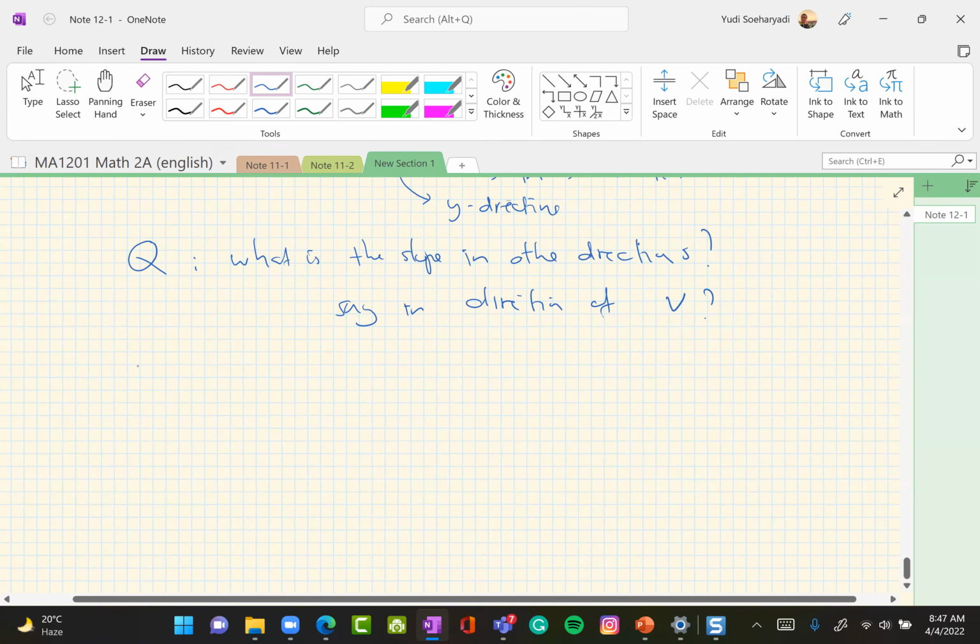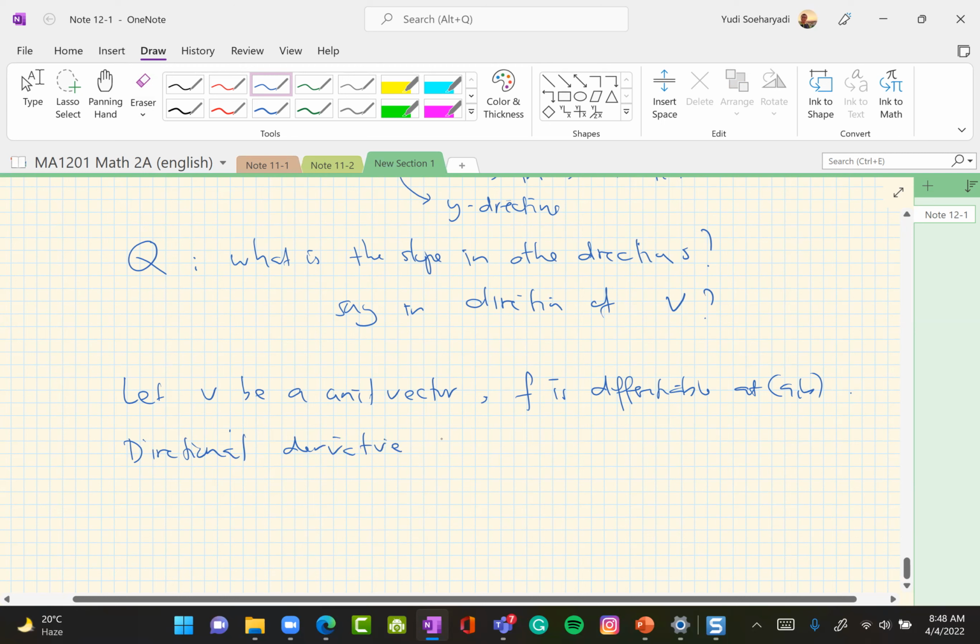Okay, so let v be a unit vector. So the directional derivative of f at, say, (a, b) in the direction of v is this one here.